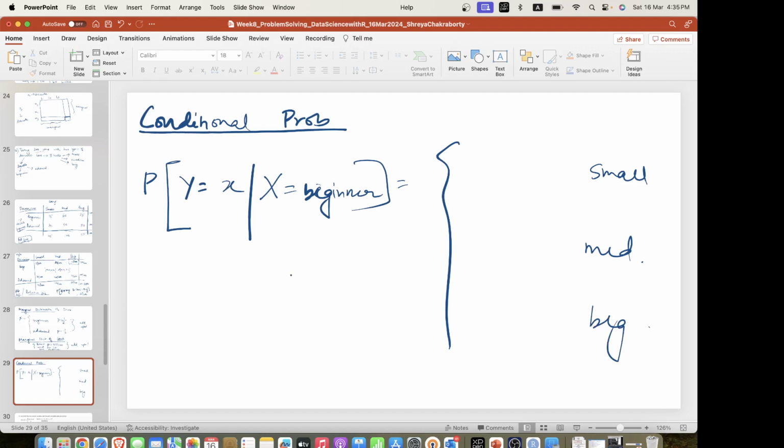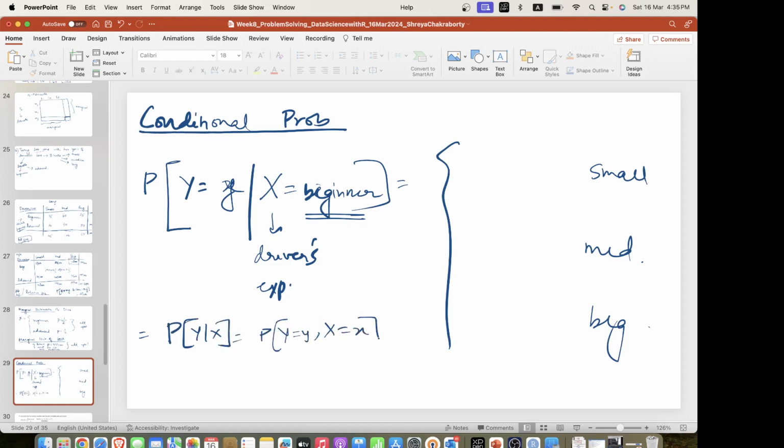Probability Y equal to small given X is beginner, where X is your driver's experience. So, given that you are a beginner, this would be how much? Probability Y given X means probability of Y equal to y and X equal to x, divided by probability of X equal to x.